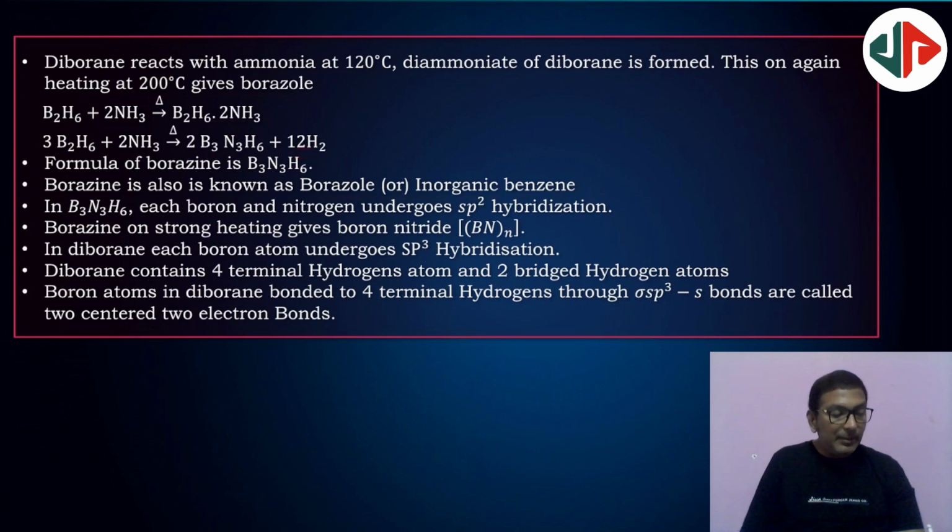Here remember moles also. So here ammonia molecules should be 6. 6 molecules of ammonia.